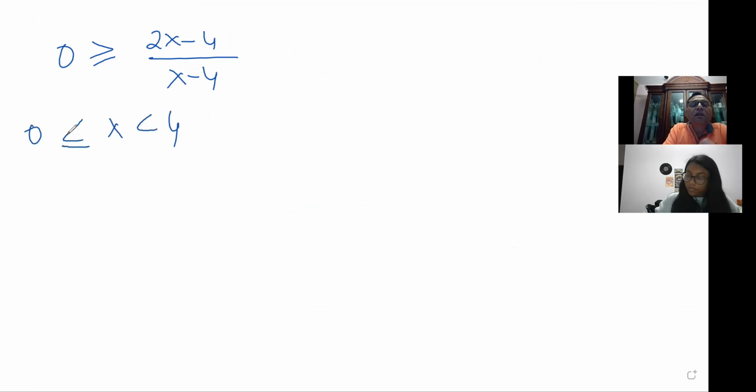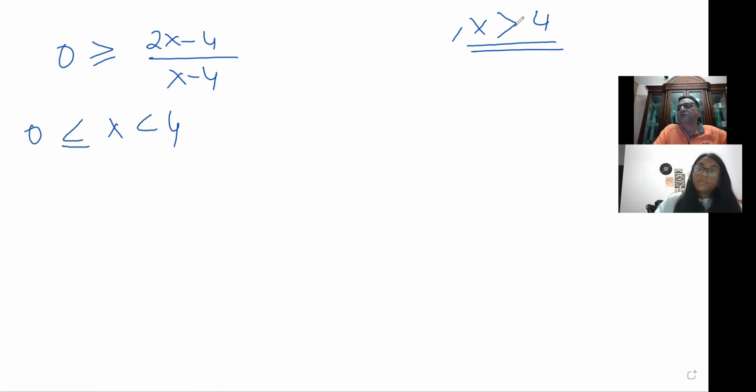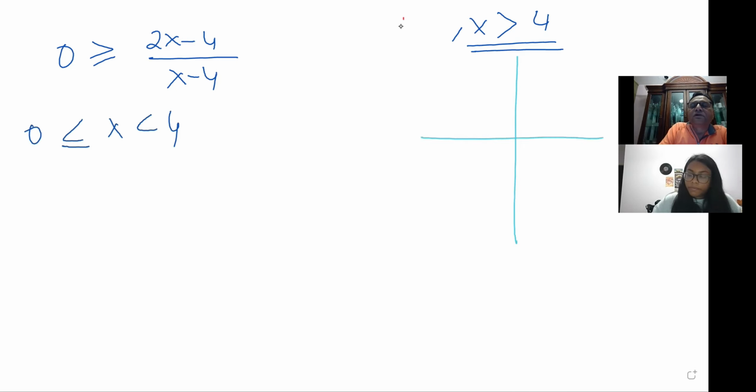Okay. We already have got one solution, that x is greater than 4 is a solution, correct? Now, the other part of the solution we are trying to figure out. Let me also sketch the small portion graph for our reference. That is our graph.